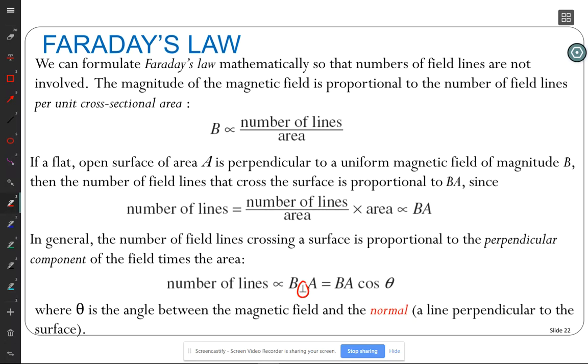Otherwise, what should I say? Normal. So we're going to take the magnetic field that's normal to the surface. We define the direction of the surface as the normal direction. So the flux is equal to the magnetic field dotted with the area, which has its direction normal to the surface.